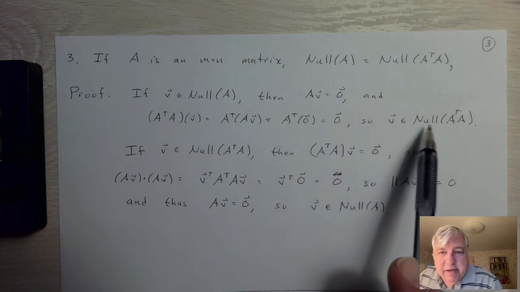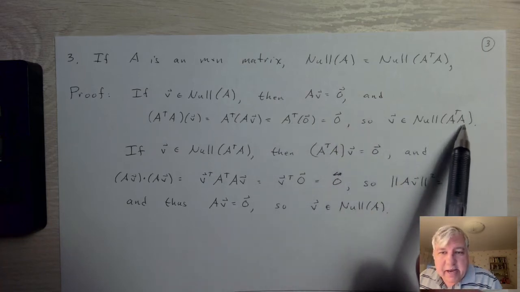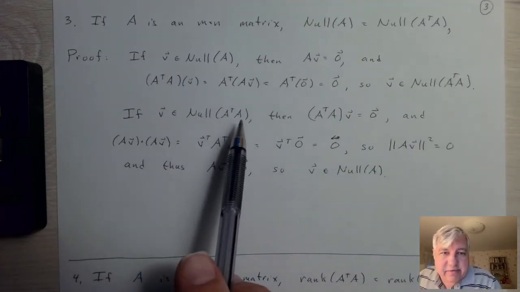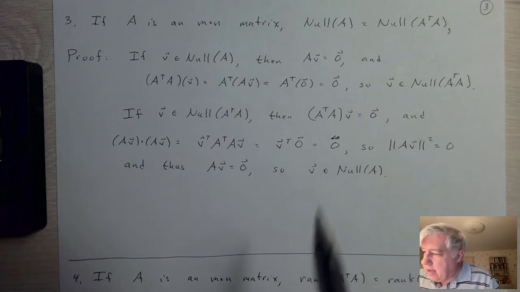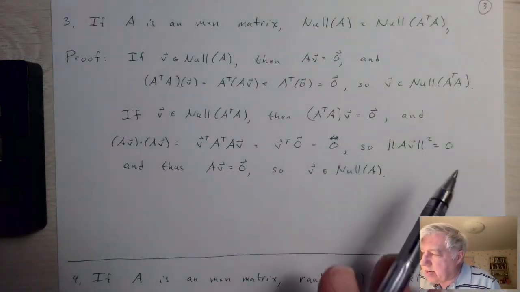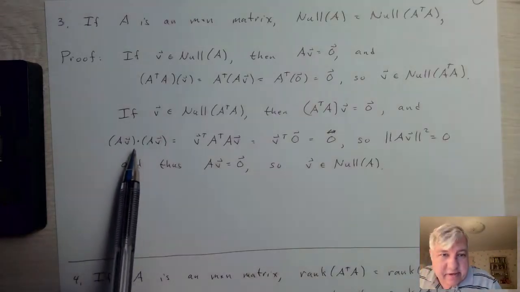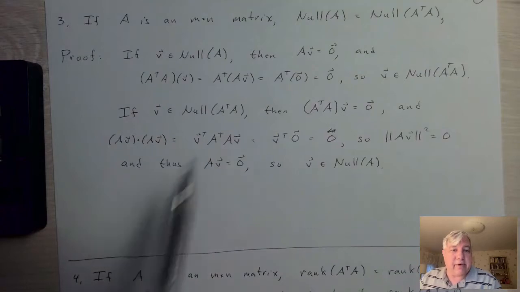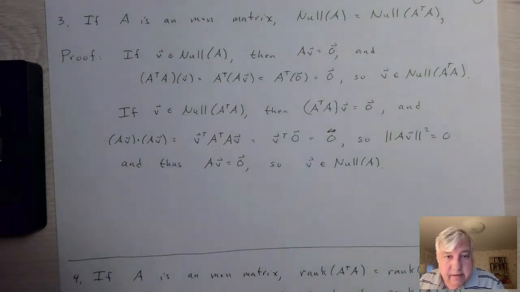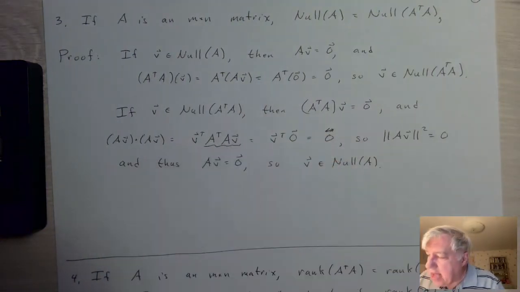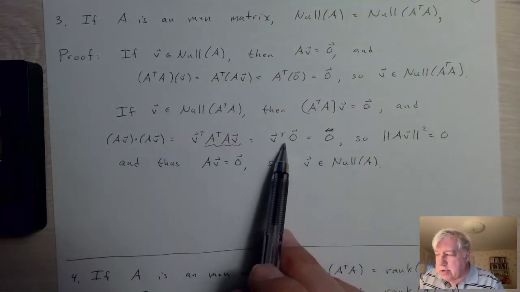So V is in the null space of A transpose A. Conversely, if V is in the null space of A transpose A, then A transpose AV is 0, and if we take the dot product of AV with itself, we get V transpose A transpose AV, which is V transpose times 0.